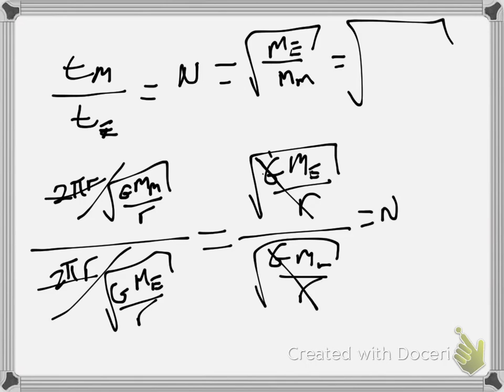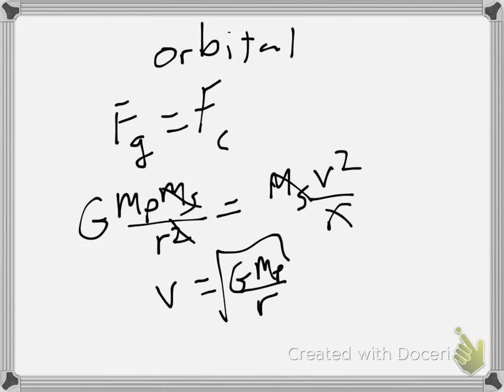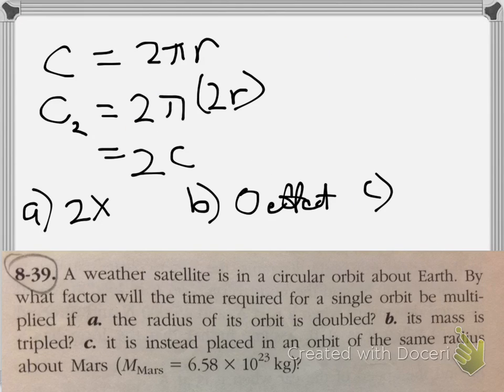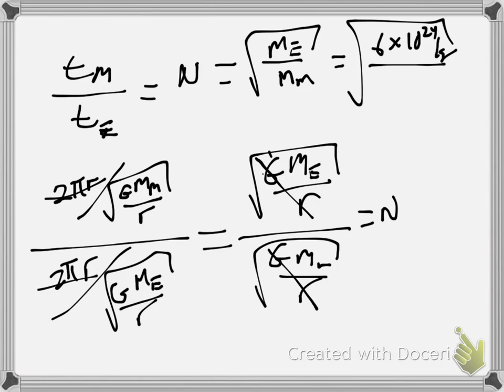Mass of Earth is about 6 times 10 to the 24 kilograms. And they told us Mars was 6.6 times 10 to the 23rd. So basically it's 60 divided by 6.6, which is around 9. So this is going to be around 3, right? Yes.